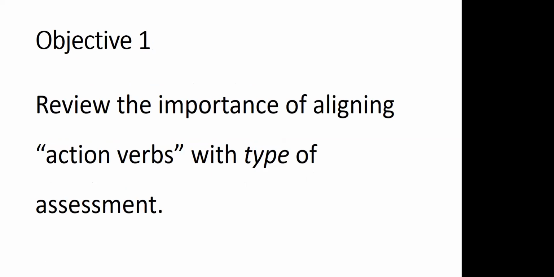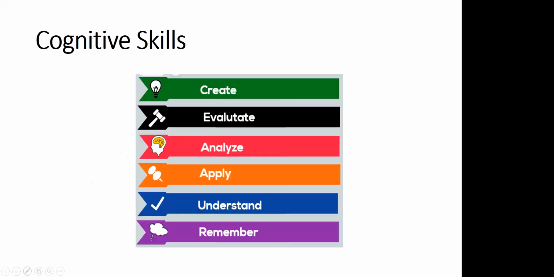The first is that we're going to talk about the importance of aligning action verbs with a type of assessment. This probably looks very familiar to you. This is Bloom's taxonomy.